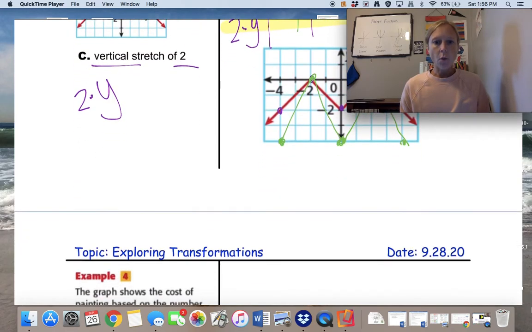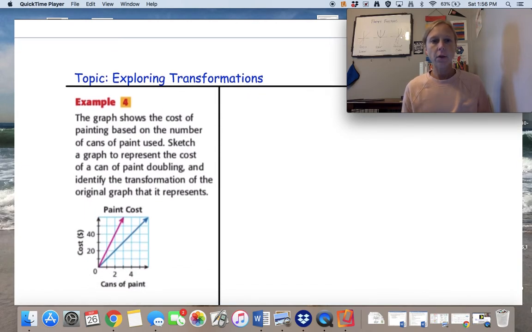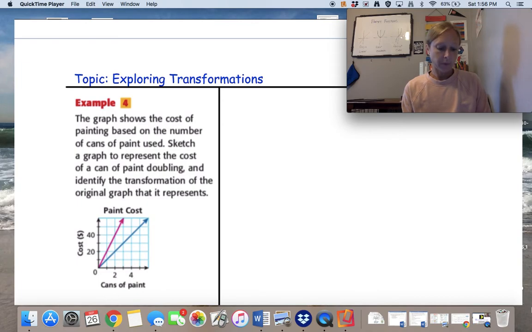Let's look together at one application problem. It says the graph shows the cost of painting based on the number of cans of paint used. Sketch a graph to represent the cost of a can of paint doubling and identify the transformation of the original graph that it represents. Well, we actually already have the graph sketched there. The original graph is in blue, okay?